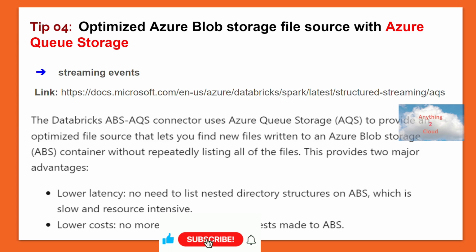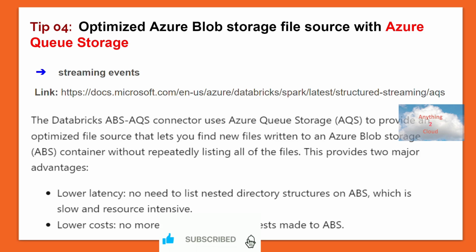The next tip is on optimizing the Azure Blob Storage file source with Azure Queue Storage. The Databricks ABS-AQS connector uses Azure Queue Storage to provide an optimized file source that lets you find new files written to the Azure Blob Storage container without repeatedly listing all the files. This provides two major advantages.